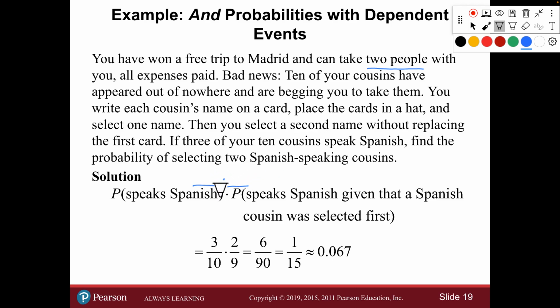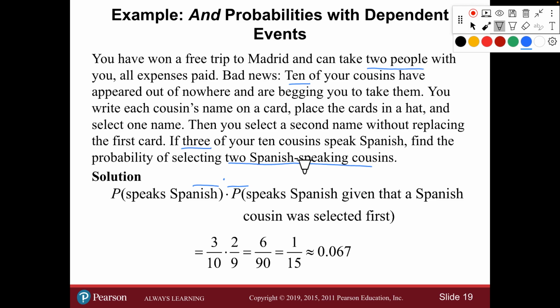You then select a second name without replacing it because they're already chosen, right? So that's going to change the probabilities in the hat. So for the first cousin to be selected, what are the choices? Well, there are 10 cousins, and we're not told till later 3 of them speak Spanish. So what's the probability of selecting 2 Spanish-speaking cousins? So yeah, if you're going to travel and you don't speak Spanish, it'd be good to have both of them speaking Spanish.